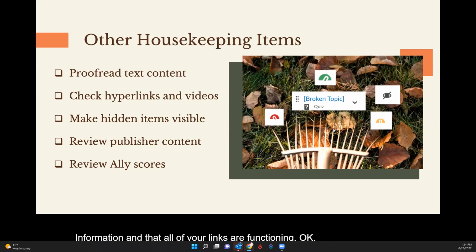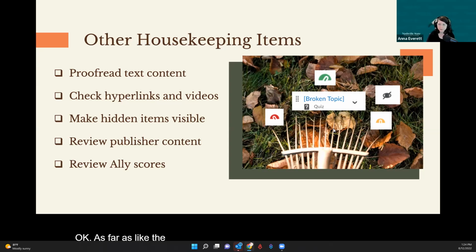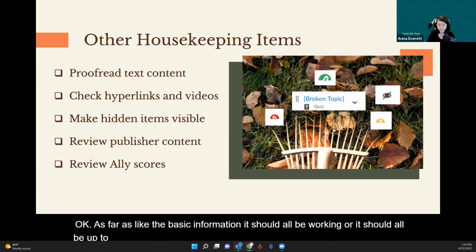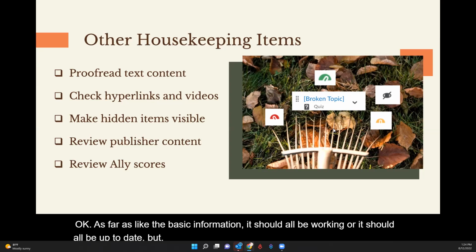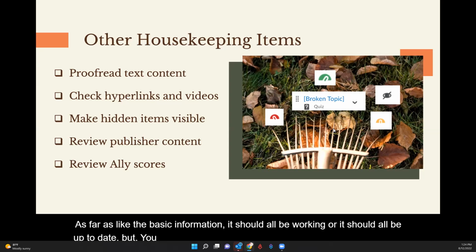And the website updates, as far as national and state, they don't change very often at all. So those should be okay. Yeah, as far as the basic information, it should all be up to date. But outside links, frequently in history, from one semester to another, I've found that they have limited accessibility.